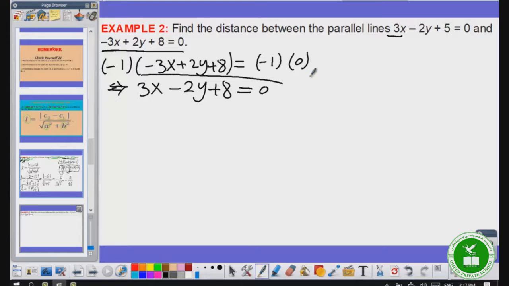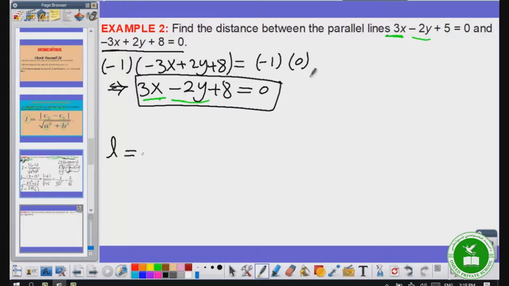You see, we have got the equation in a slightly different form. Now the coefficient of x is the same, coefficient of y is also the same, only difference is c. Now we calculate the distance between these two lines.